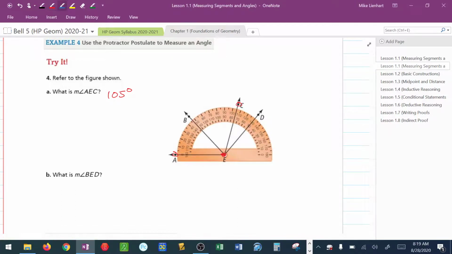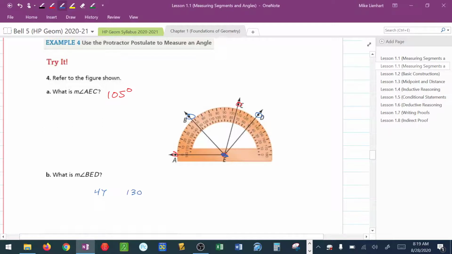Now, how about angle BED? Well, B starts here, E's in the middle, D starts there. Now I got to think a little bit. Where would you say that B is located? I'm thinking that B is at about 47 degrees. I think that D is at 130 degrees.